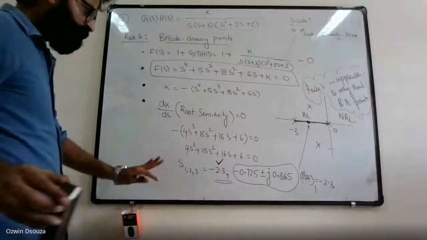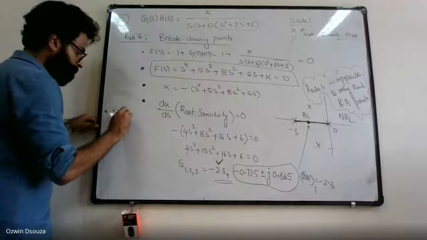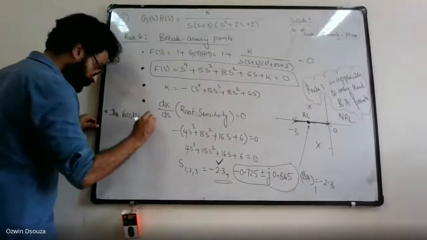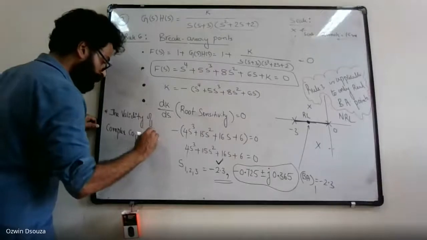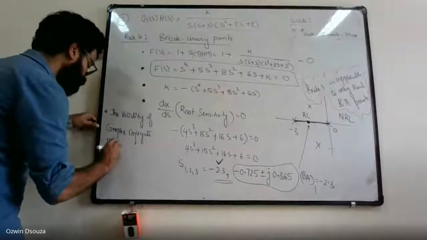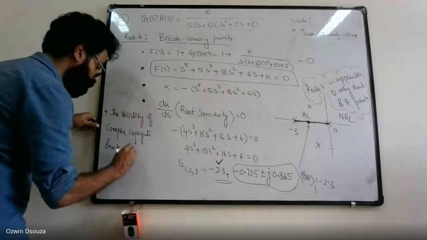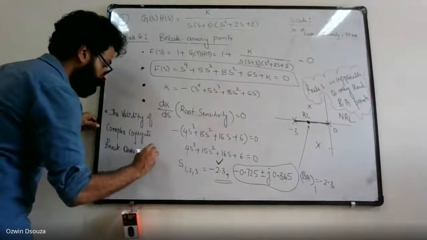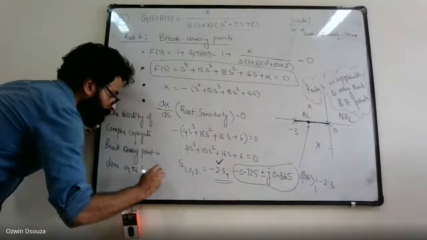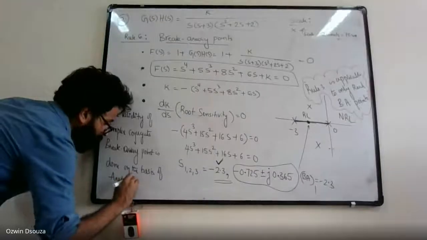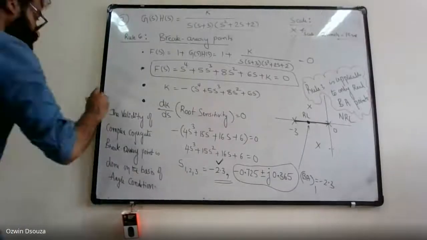So just below this, you can write a note that the validity of complex conjugate breakaway points is done on the basis of angle condition. Okay, very, very important.